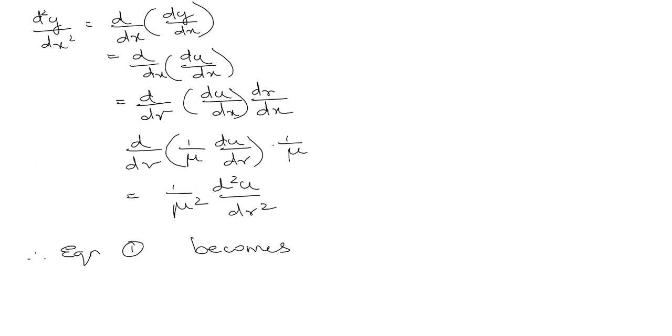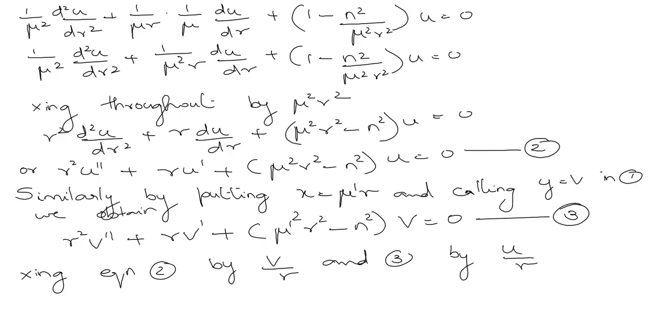We are going to substitute for du/dx and dr/dx. du/dx is 1/μ into du/dr and dr/dx is 1/μ. Therefore d²y/dx² is equal to 1/μ² into d²u/dr².